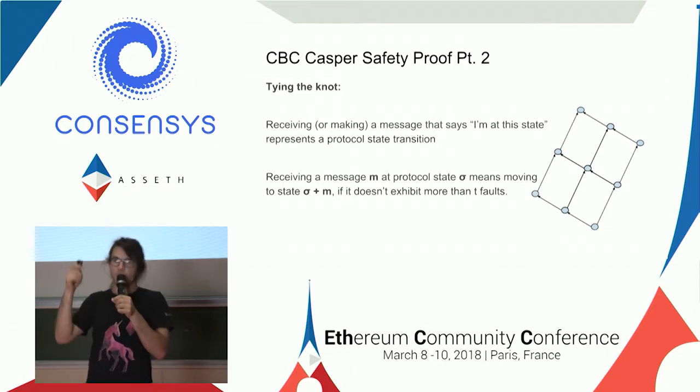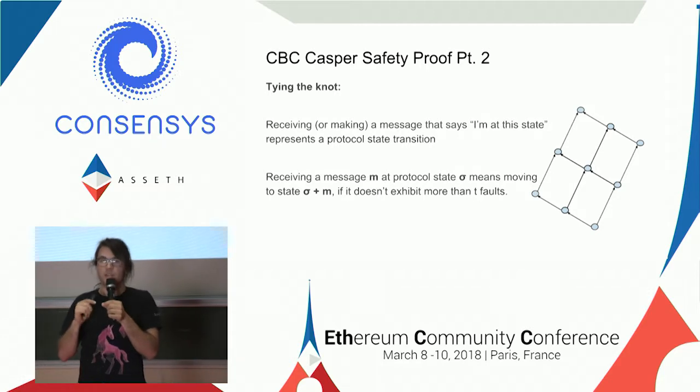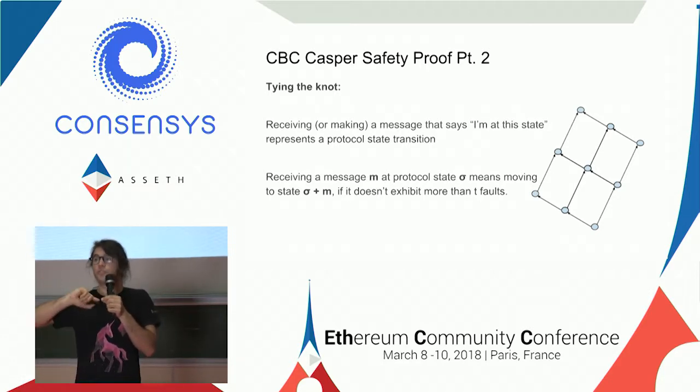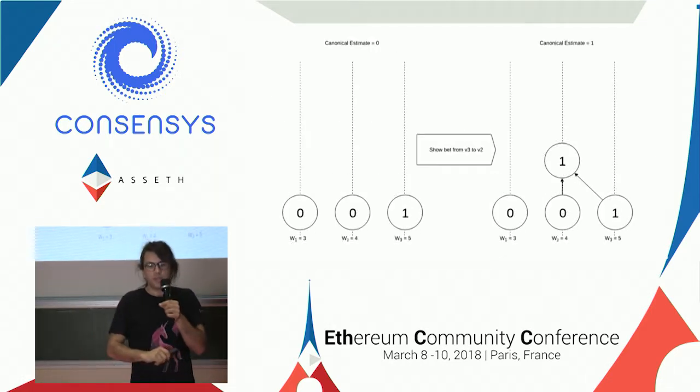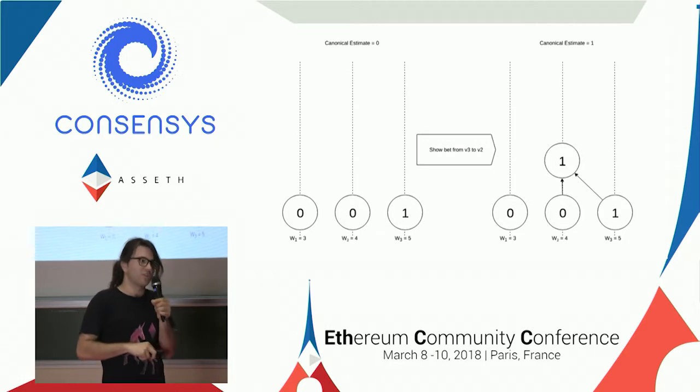Every arrow in this protocol state graph will correspond to receiving some set of messages, such that the number of Byzantine faults that are introduced in that set doesn't go beyond some threshold. This is a little demonstration of a protocol state transition.